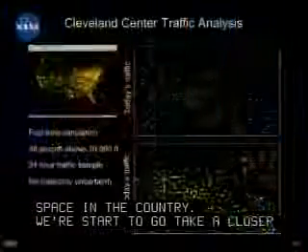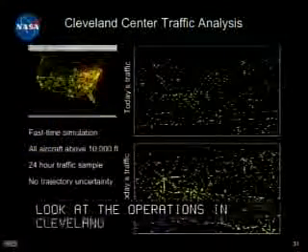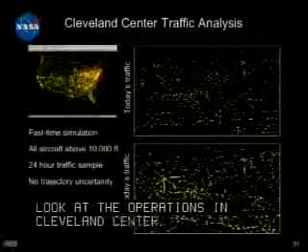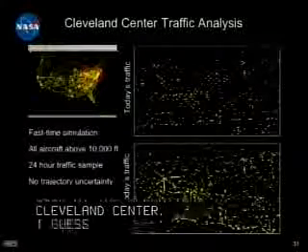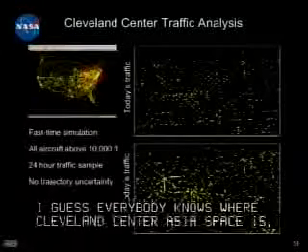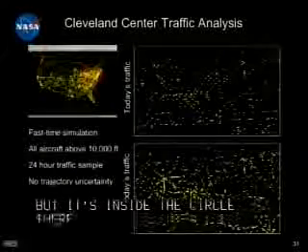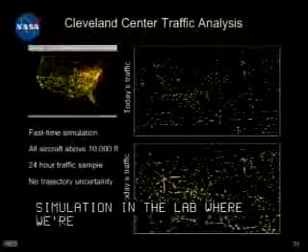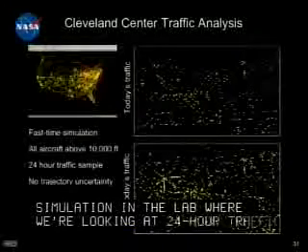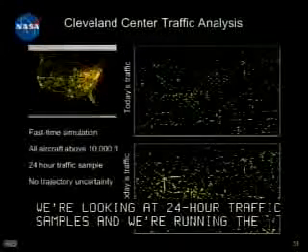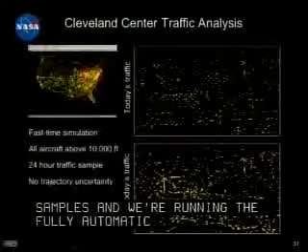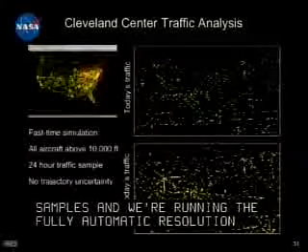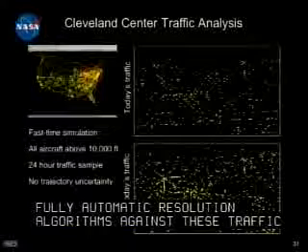Okay, so I've shown, I guess everybody really knows where Cleveland Center airspace is, but it's inside the red circle there. So we've run a fast time simulation in the lab where we're looking at 24-hour traffic samples, and we're running the fully automatic resolution algorithms against these traffic samples. All aircraft are above 10,000 feet, and in this case there's no trajectory uncertainty.